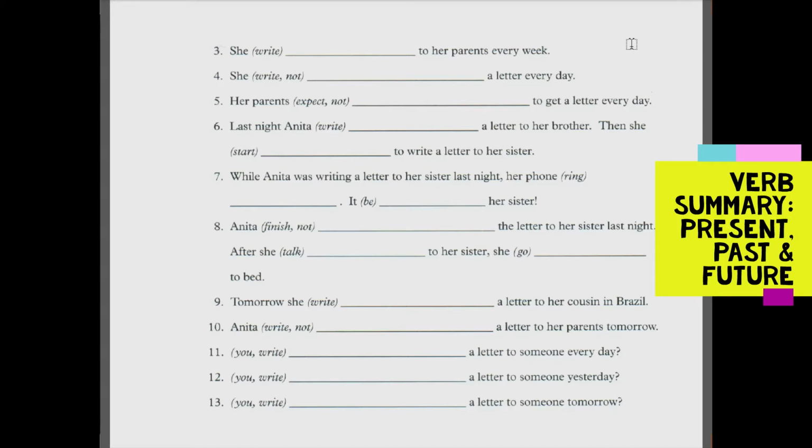So let me give you some clues, guys, when you are learning this lesson. The time signal, or the information of time, determines the tenses that we are going to use. Verb, and then future.